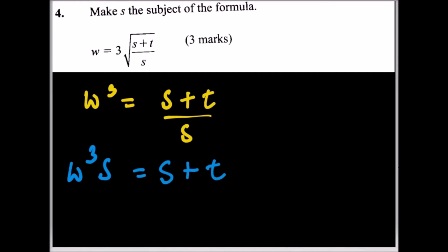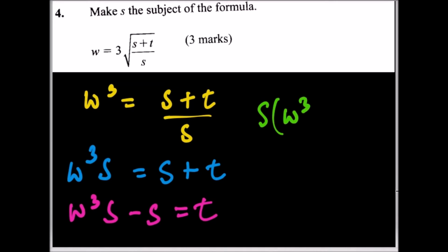Then take S to the left hand side. You have W cubed S minus S is equal to T. From there, factor out S, so you have S times W cubed minus 1 is equal to T, and then divide both sides by W cubed minus 1.